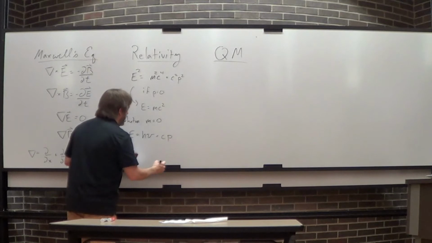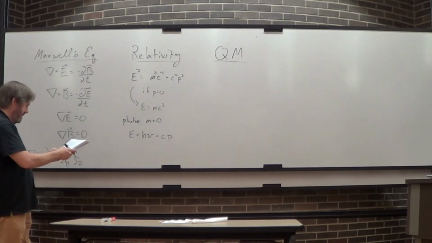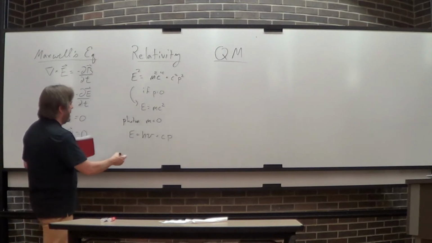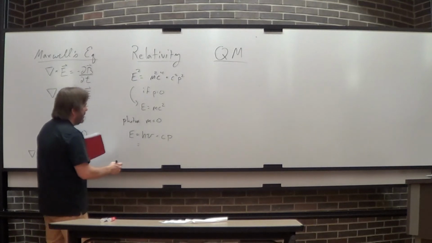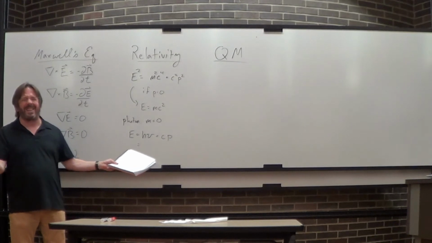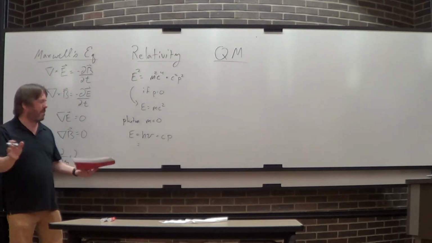E equals cp, right? Is that right? What am I doing? Sorry. Yeah. Okay. So any equations you need, even dumb, simple ones that I think you should know, it's okay. I have them on the cheat sheet.